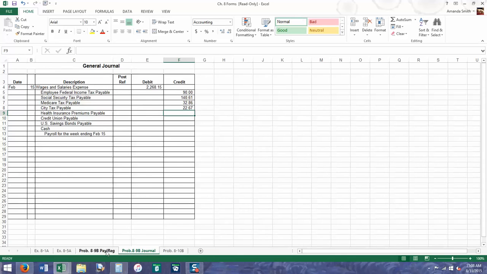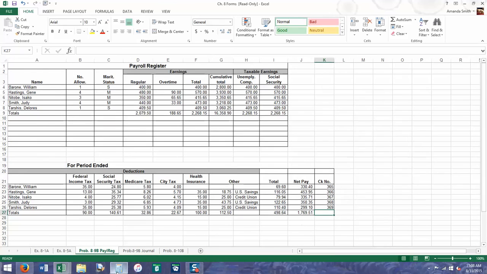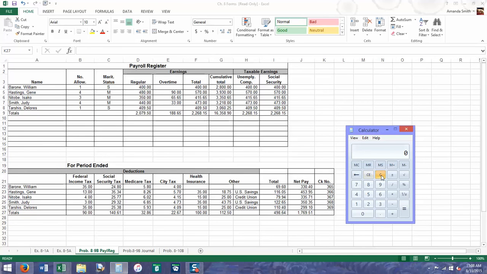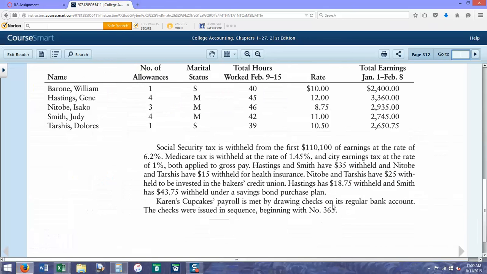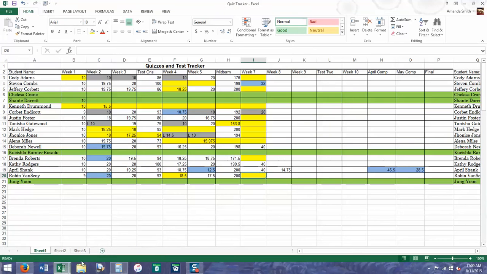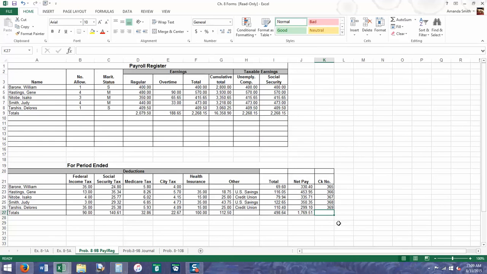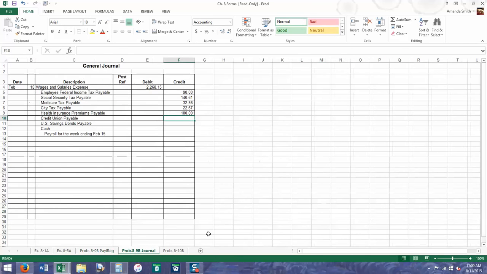Health insurance is $100. Credit union payable, make sure you just take the amounts for the credit union. So we have 25. And I don't think 25 is correct for the second person for Tarshish. Yep, just wanted to make sure. So that's going to be $50.